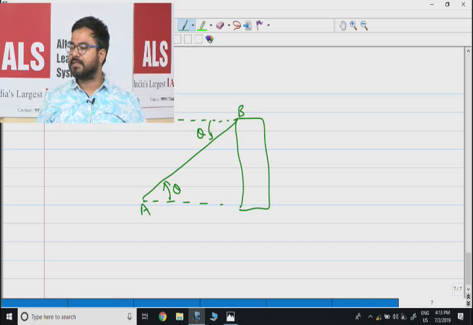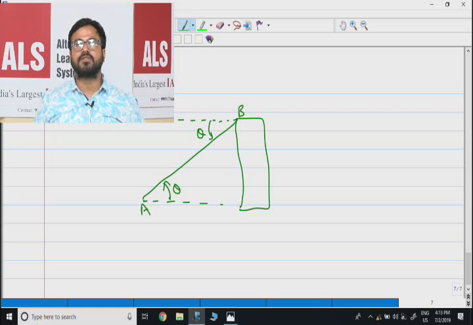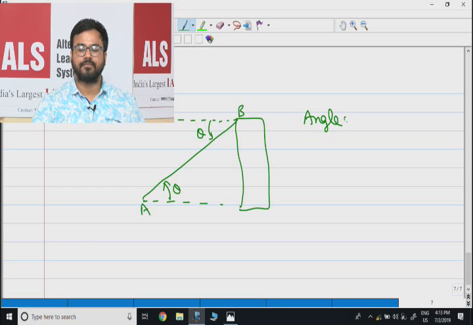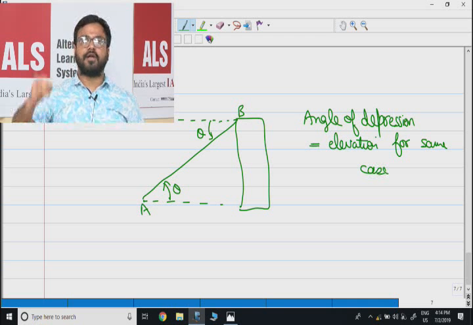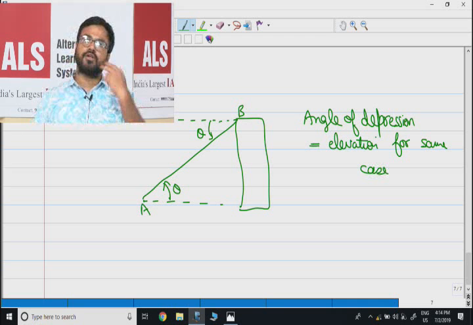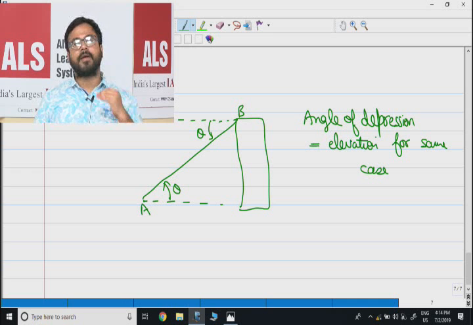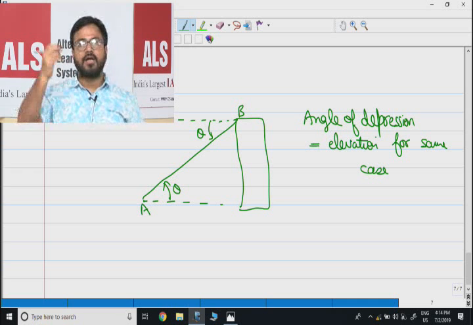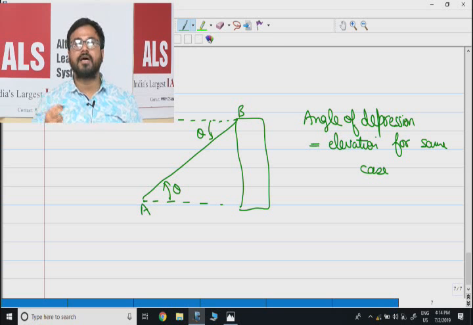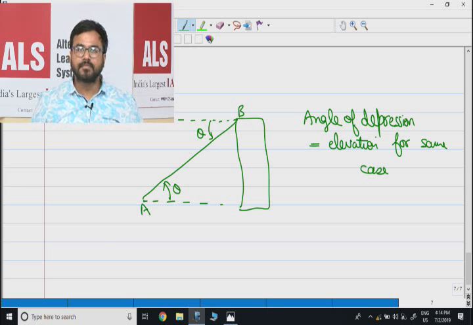These two angles, if you remember, are alternate interior angles, since the horizontal lines are parallel. So the angle of depression is equal to the angle of elevation for the same case. Like A is standing on the ground, B is standing on the top, both are looking towards each other, then A will form the angle of elevation, B will form the angle of depression, and both the angles will be equal to each other since they are alternate interior angles, right?